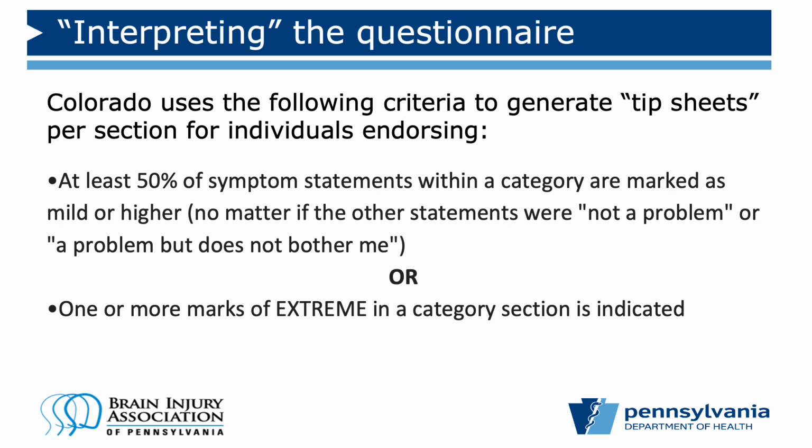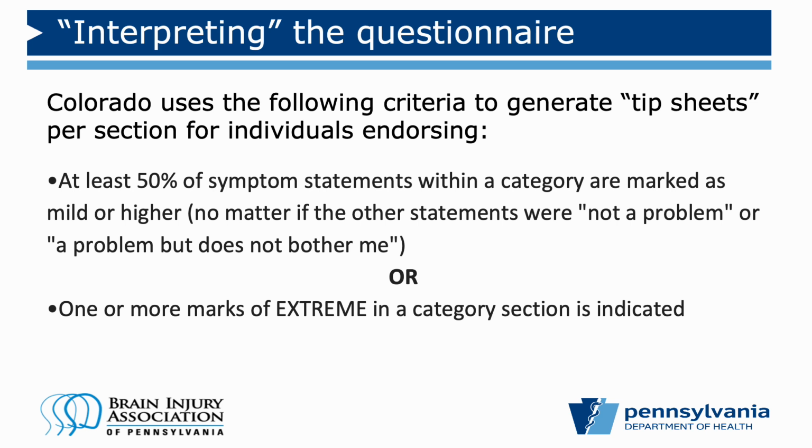In understanding the interpretation of the MindSource questionnaire, it is first essential to understand the criteria that individuals choose when rating the severity of the symptom. Individuals have the option to choose from, I don't have this problem at all, I have this problem but it never bothers me, it bothers me slightly, very, or extremely.